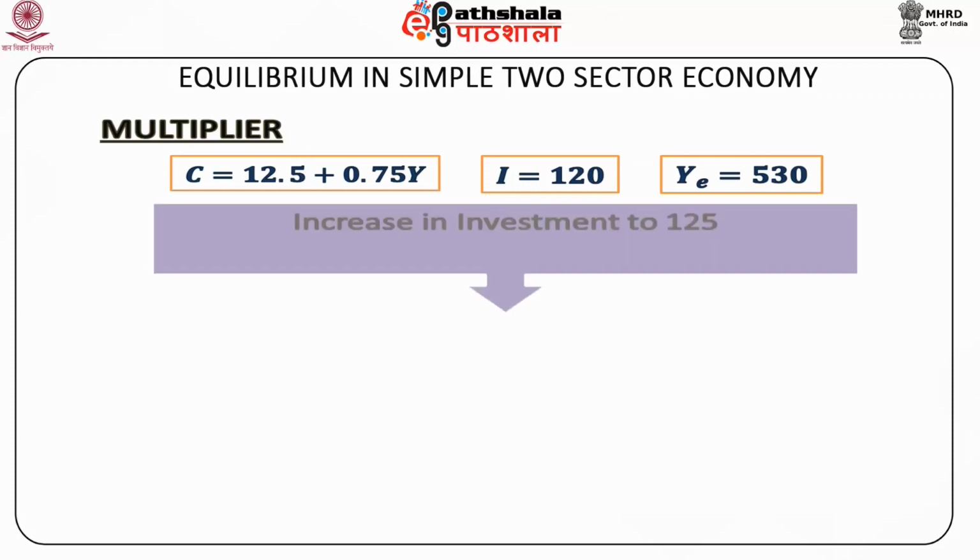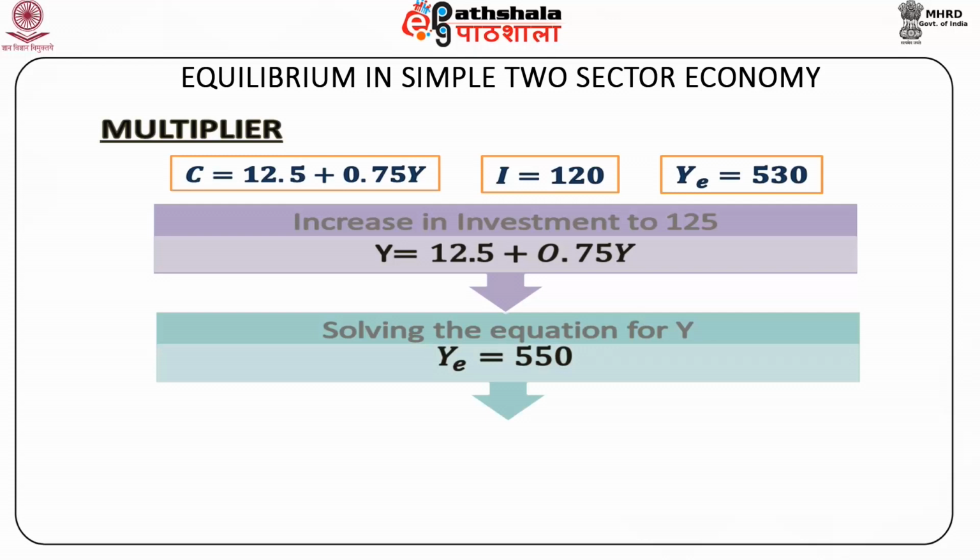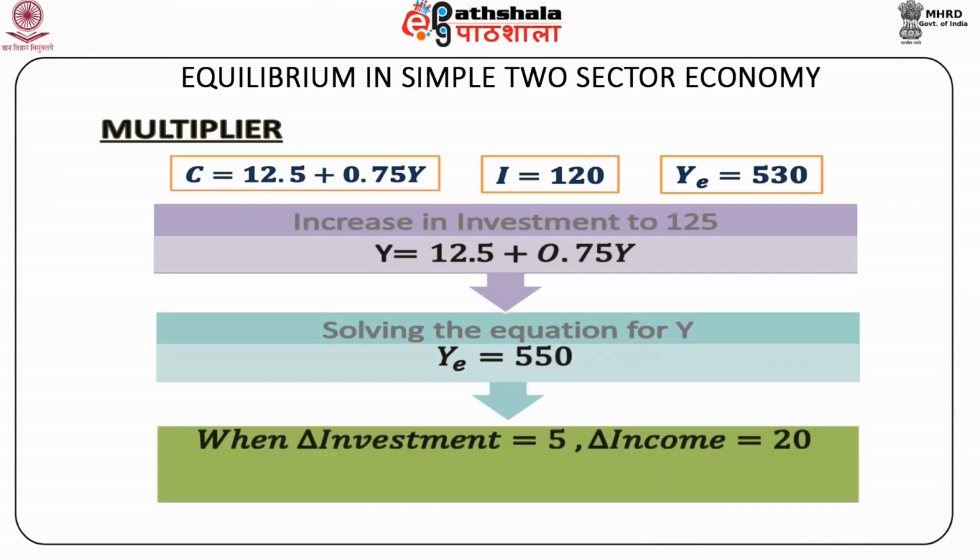Now, suppose investment increases to 125. The new equilibrium becomes y is equal to 12.5 plus 0.75y plus 125. This results in equilibrium output equal to 550. Therefore, when investment increases by 5 from 120 to 125, income increases by 20, that is from 530 to 550.